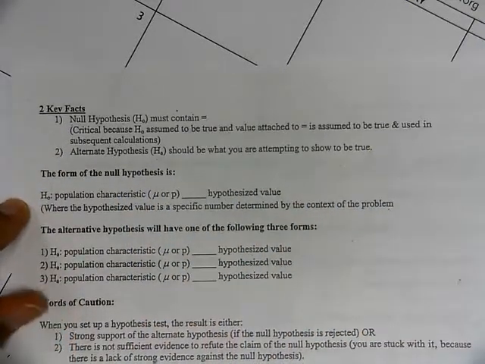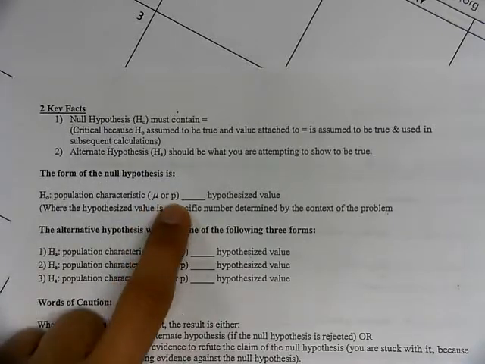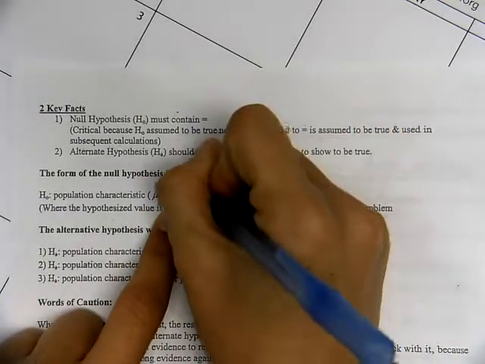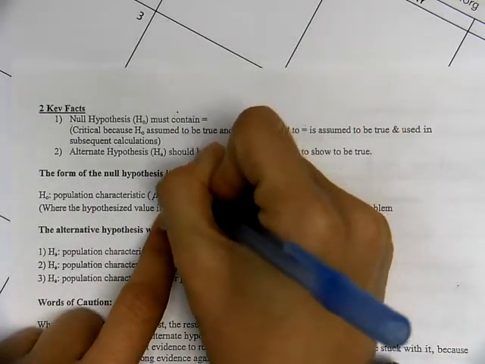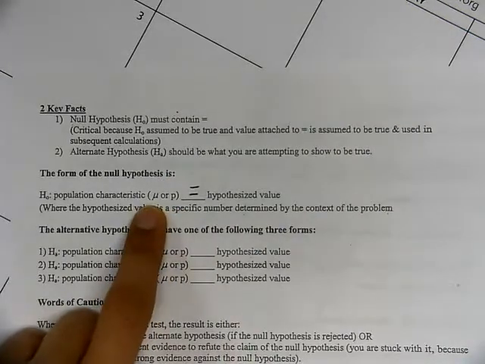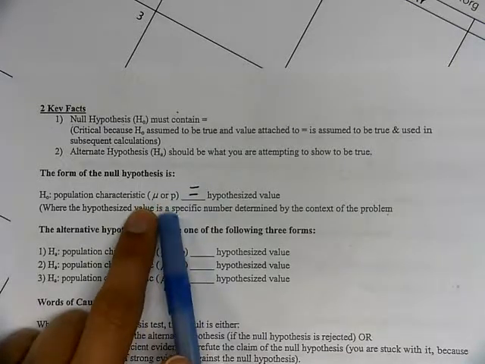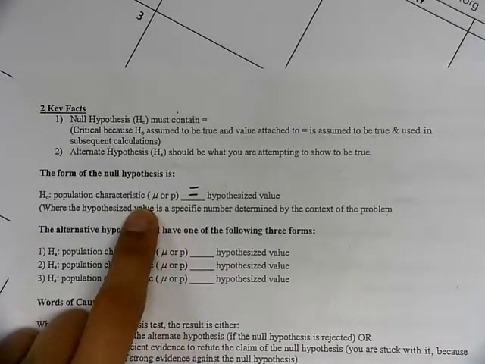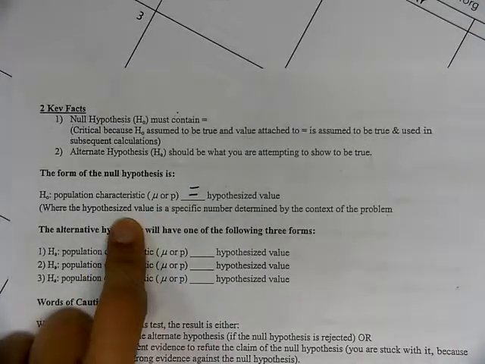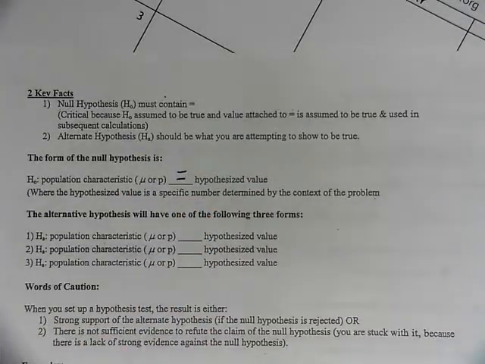So your null hypothesis will always be mu equals or p equals some hypothesized value. There's a reason why in your condition 4 that you define mu or p. That's because in your null hypothesis you use the letter mu or p. The hypothesized value is always determined by the problem. Then the alternate, you have 3 options, depending on what the problem is asking.